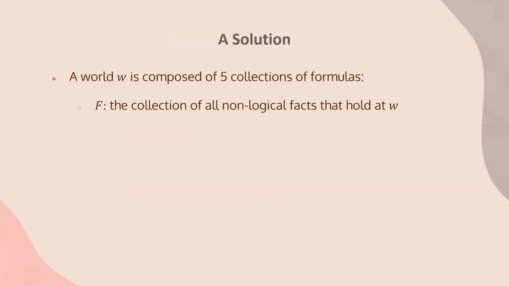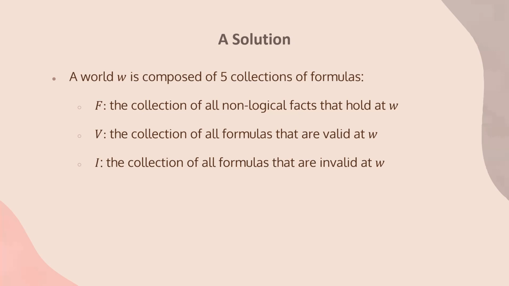Okay, with all that out of the way, we can actually get to what worlds are. I take worlds to be a 5-tuple containing 5 collections of formulas. We have a set containing all of the non-logical, or you could call them contingent, facts that hold at a world. We have the collection of all formulas that are considered valid at that world. These could be considered the logical theorems of that world. Then we have the collection of all formulas that are invalid at the world.